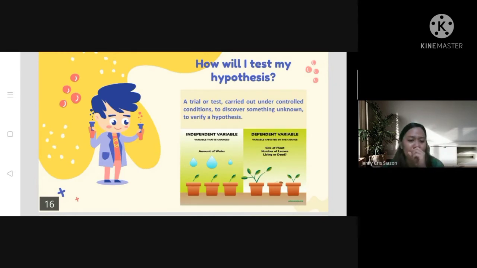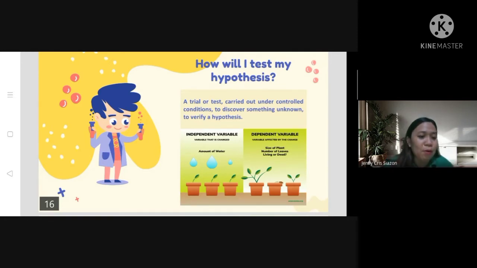For example, what is the difference between independent and dependent variable? Independent variable is a variable that is changed. Ito yung binabago ng researcher sa kanyang experiment. Binabago niya. Okay, for example, you want to experiment on the growth of a plant. Ngayon, ang ginawa mong independent variable is the amount of water.